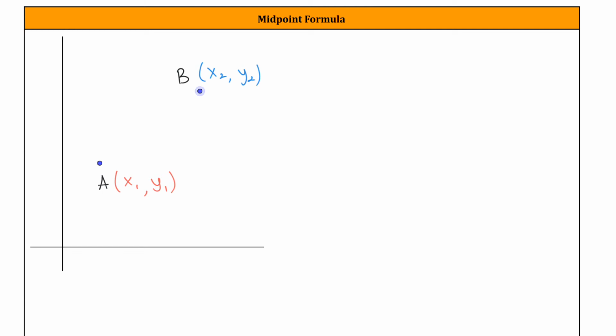Now we can connect points A and B with a line segment to form segment AB. And the other thing that we should note is that because this point is at the end of the segment, it's quite literally called an endpoint.